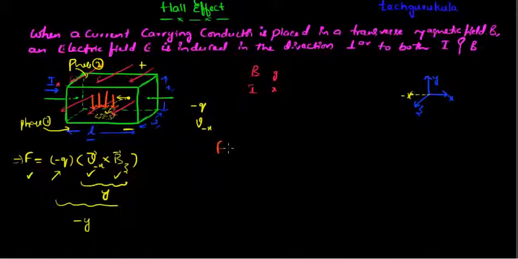The force applied on the electrons will be equal to minus q, the charge of the electron, times the electric field here, which is in minus y direction. If you see, this direction is minus y, and the charge, the overall will be in y direction. So the force is in y direction. If you look at this Lorentz force equation, it is in minus y.